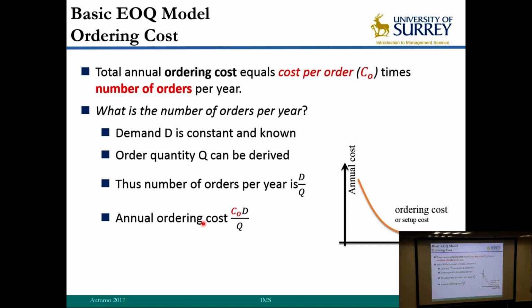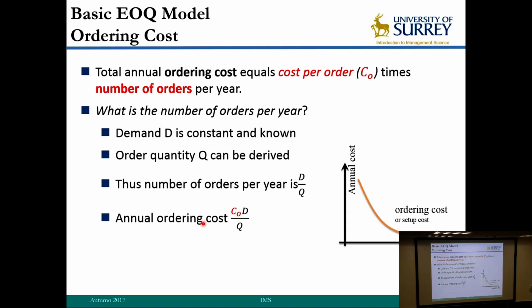If we know the constant demand and the order quantity, we can find out how many times we need to order, as we did in previous slides. So D divided by Q is the number of orders, and the cost per order is CO, so this is for one order. We multiply them together, and that's the annual ordering cost.